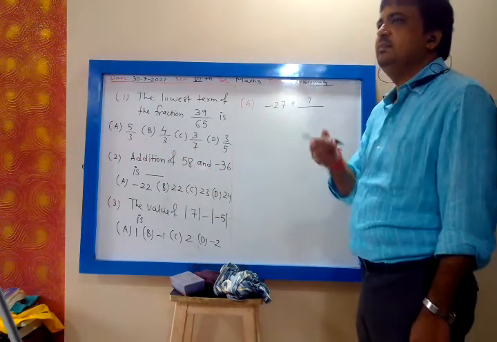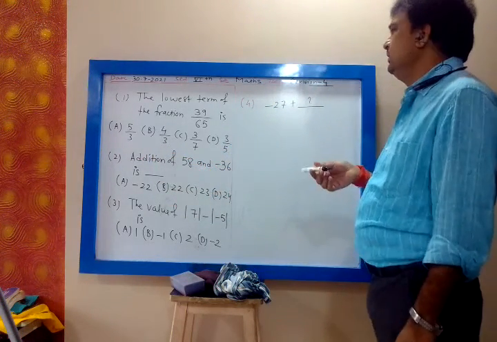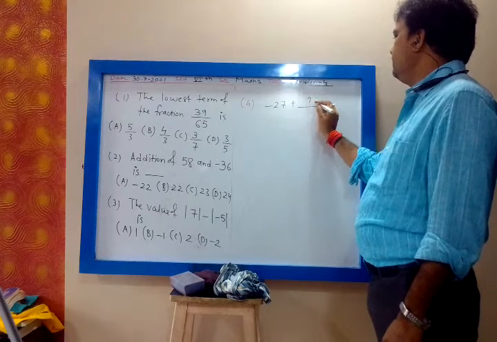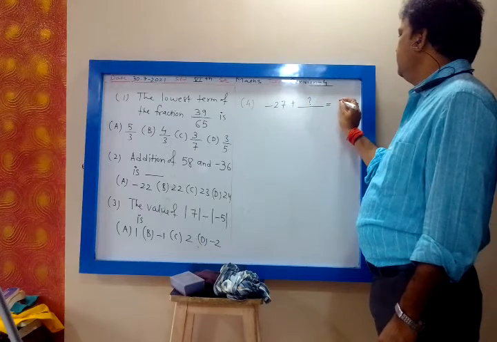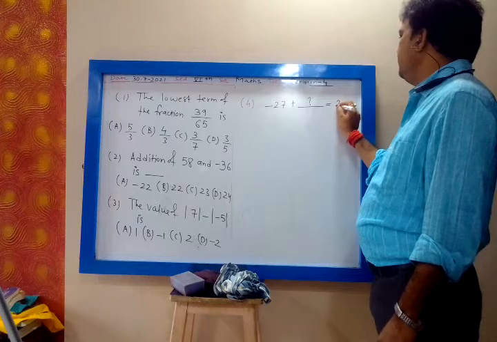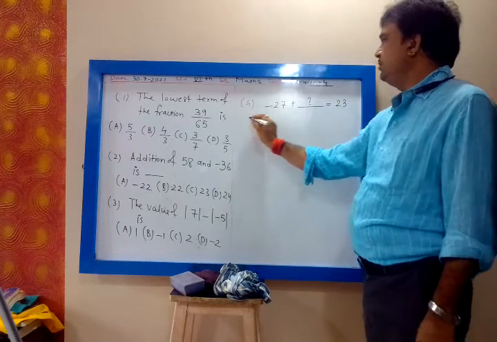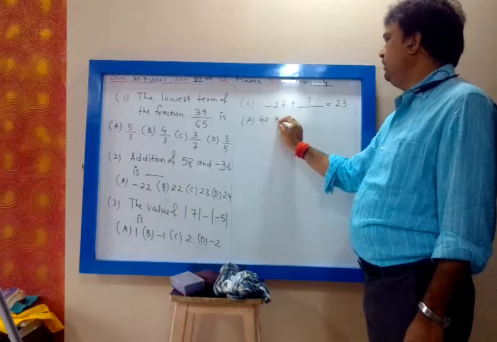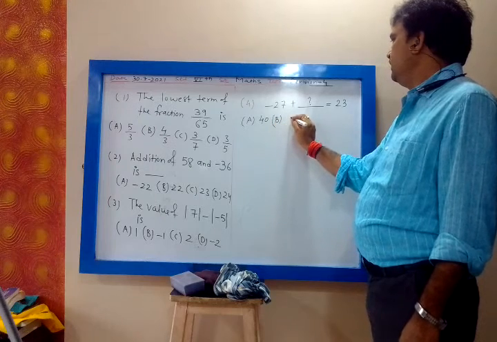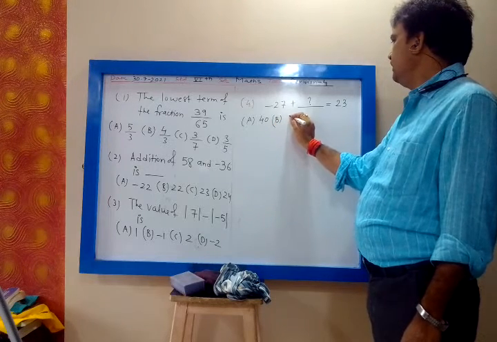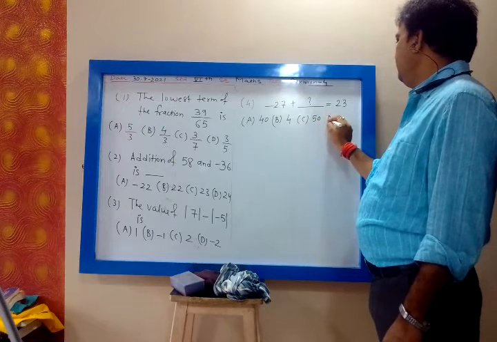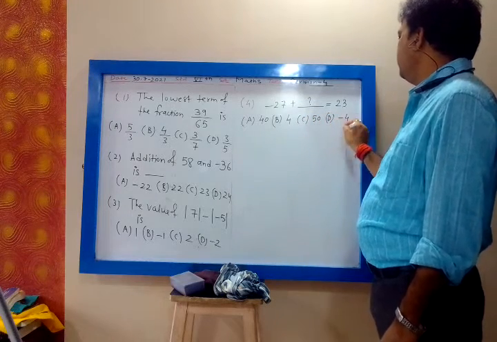Tell me. Minus 27 plus dash is equal to 23. Option A is 40, B is 4, C is 50, and D is minus 4.